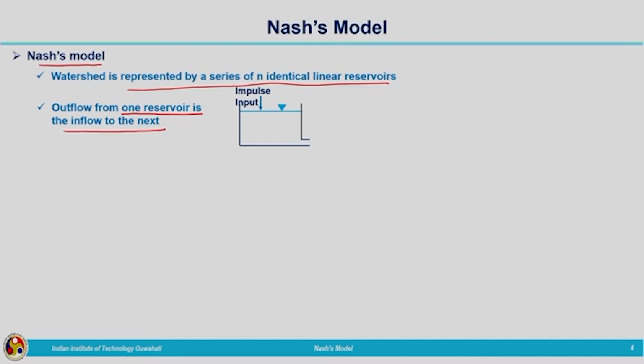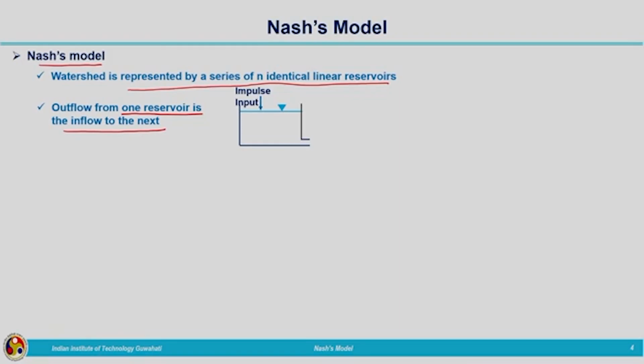What is the instantaneous unit hydrograph? The system is acted upon by an impulse input instantaneously at time t equal to tau, and the response of the catchment is represented by the impulse response function. In hydrology, we call that impulse response function the instantaneous unit hydrograph.